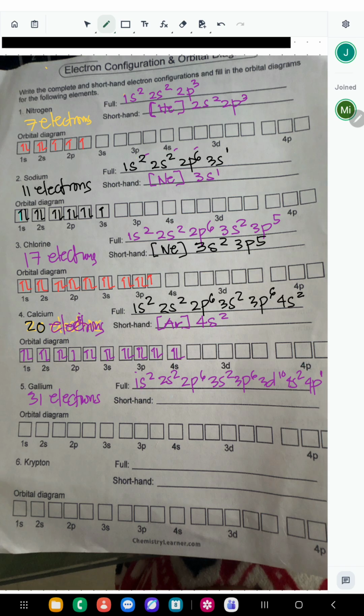Okay, so that is 1s2, 2s2, 2p6, 3s2, 3p6, 3d10, 4s2, 4p1.